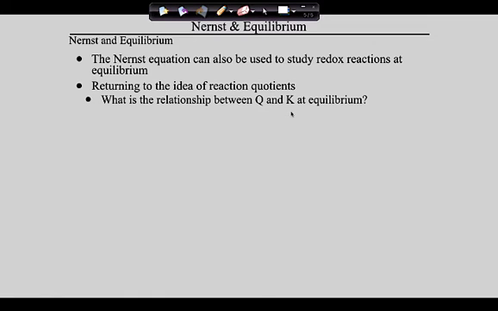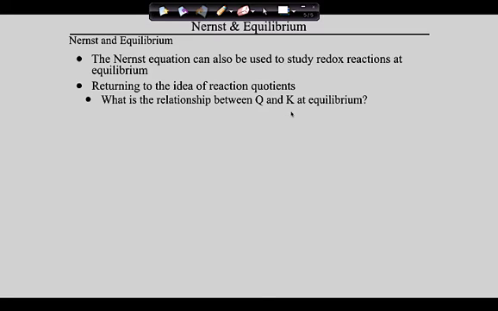Answer these questions for me. I think you can. We are now going to talk not about batteries, but about generic chemical reactions, electrochemical reactions, redox reactions. But guys, the ideas are similar. When a reaction is at equilibrium, you can be thinking dead battery, or any other chemical reaction. When a reaction is at equilibrium, what's true of Q and K?